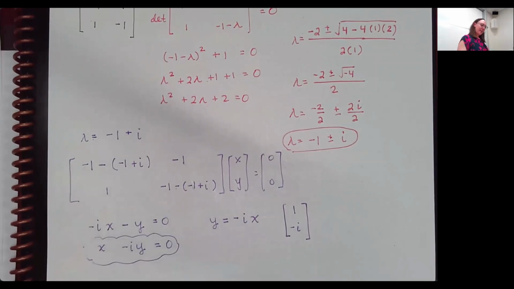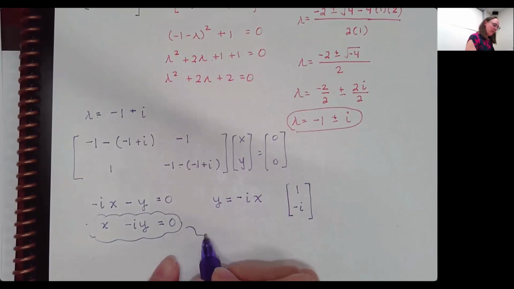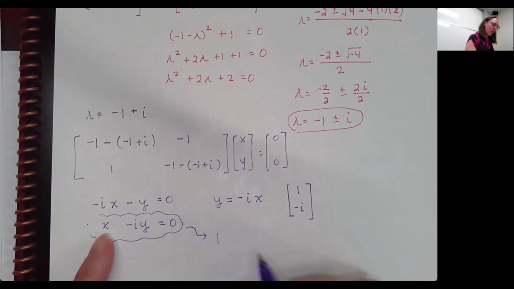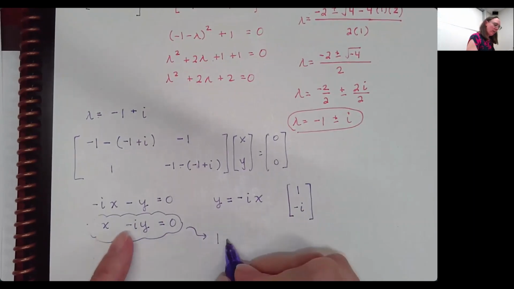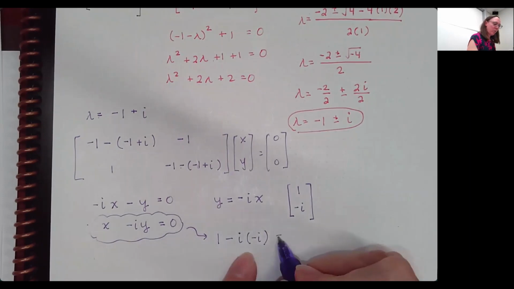So let's check. If it's also a solution to the second row, then when I plug in 1 for x, I would get 1. So I'm going to have 1 minus i times negative i. We good so far? And I want to know, is that equal to 0?